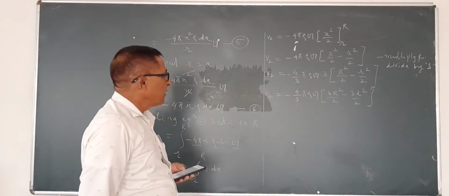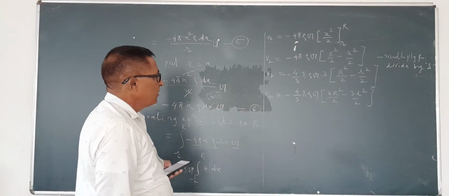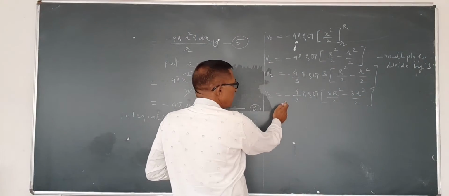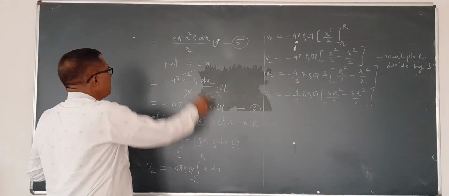Now we can write the total potential. This is the potential due to all the cells, and we have calculated this formula.